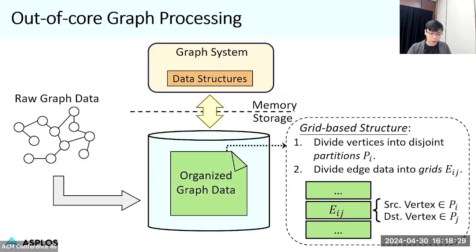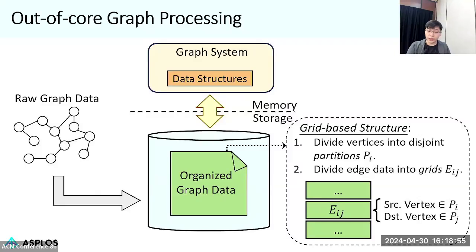The classic data structure to keep the graph data inside the storage is the grid-based structure. The grid structure will first divide the vertices into multiple disjoint partitions P. Based on the partition result, we further divide the edge data into the grid. Each grid contains edges where all the source vertices belong to one partition and the destination vertices belong to another.